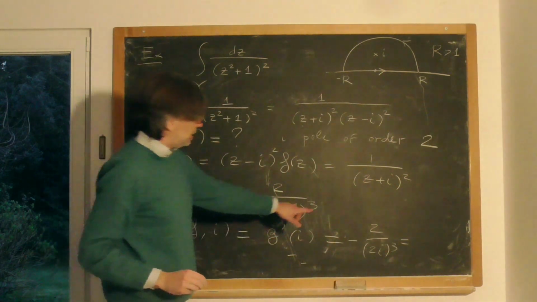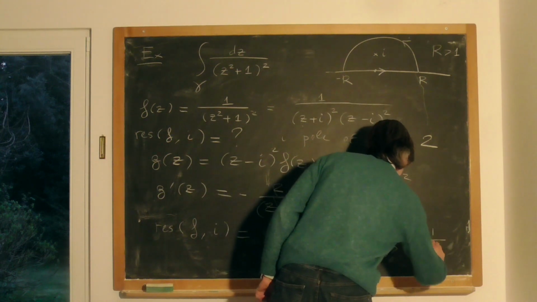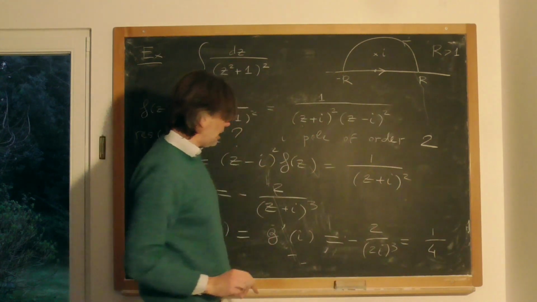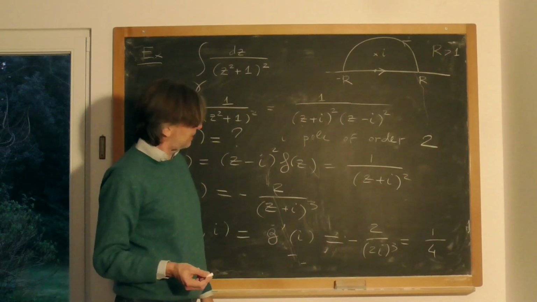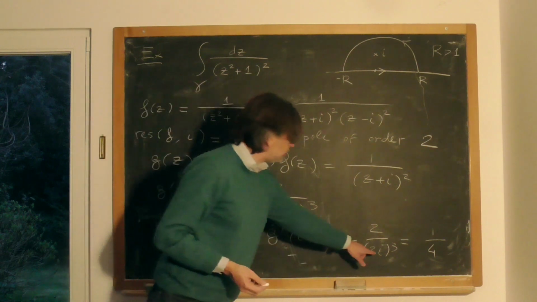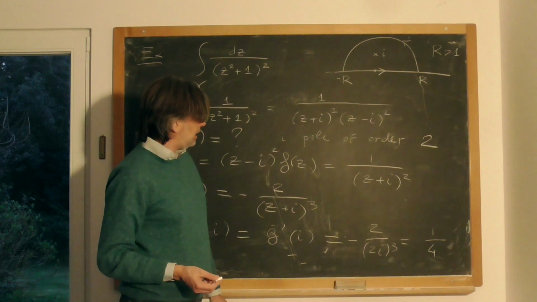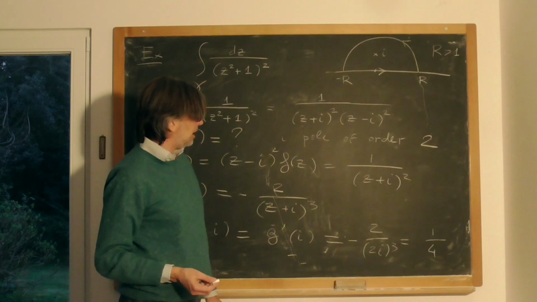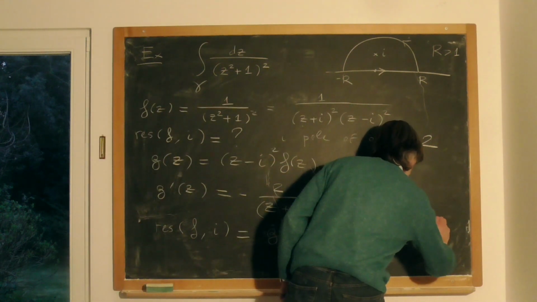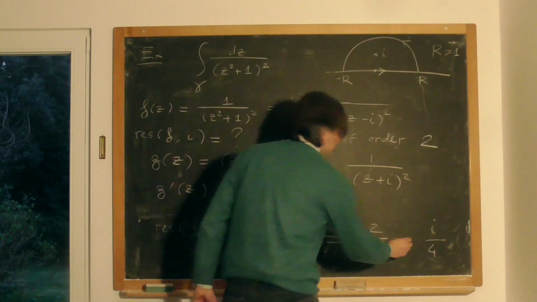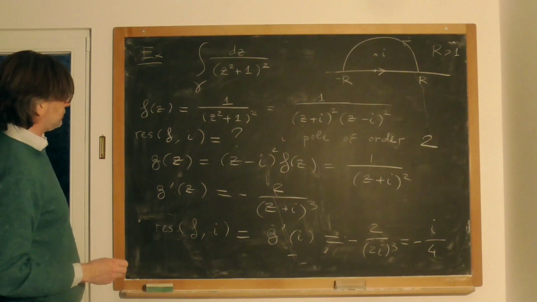This 2 gives us an 8, with this 2 we get a 1/4, and i to the cube is minus i, but it's in the denominator, and 1 over minus i is just i, so we have i over 4, and there is still a minus in front, so it's minus i over 4.